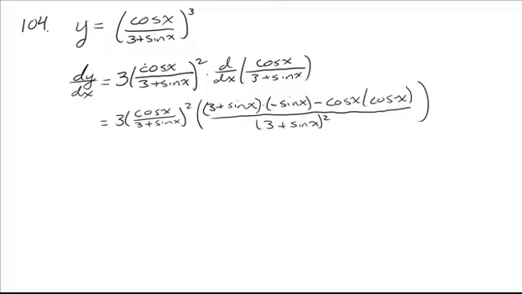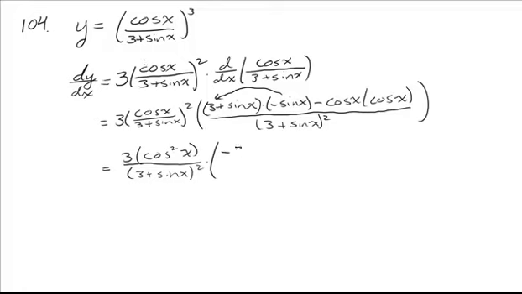Notice this denominator is the same as this denominator, so we'll be able to combine those together when we do some simplifying. So let's do this. We got 3, and let's break this up. We got cosine squared x on top. We've got 3 plus sine x squared on bottom. And we can start to distribute here in the results from our quotient rule.